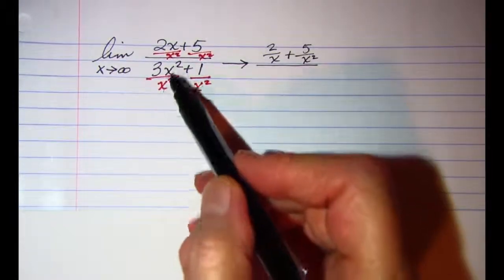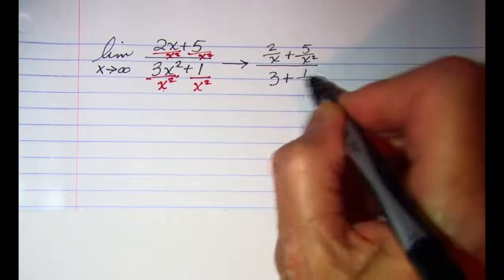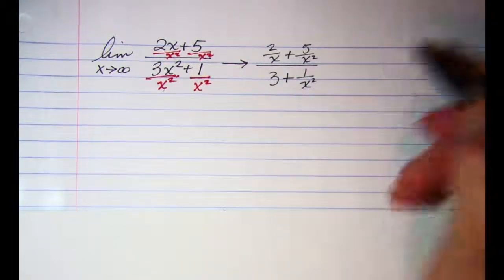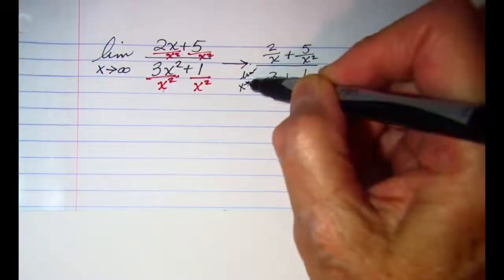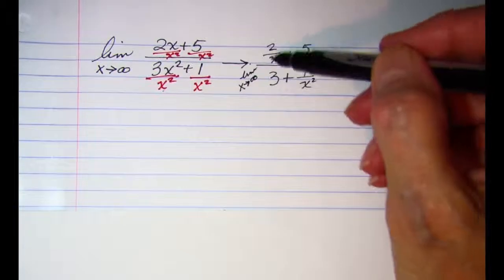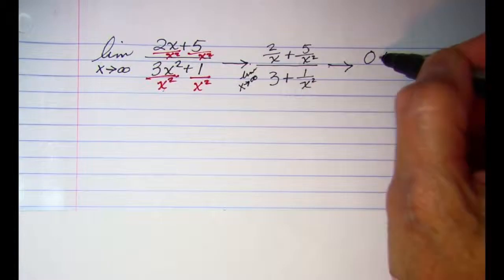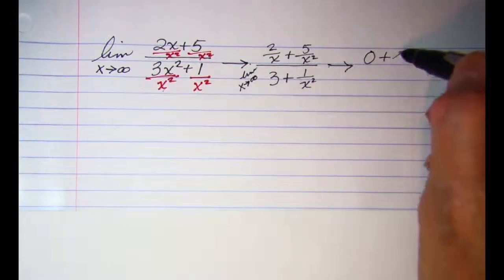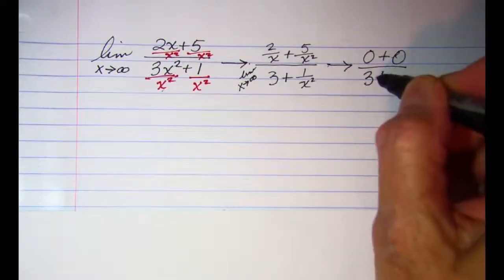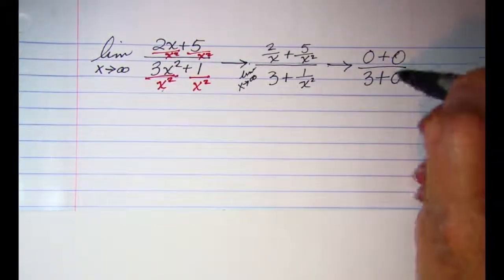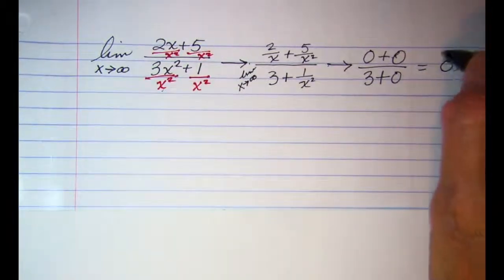These x squareds cancel in this term, so I have 3 plus 1 over x squared. Now the limit on this, as x approaches infinity, we have 0 plus 0 over 3 plus 0. So 0 divided by 3 gives me 0.